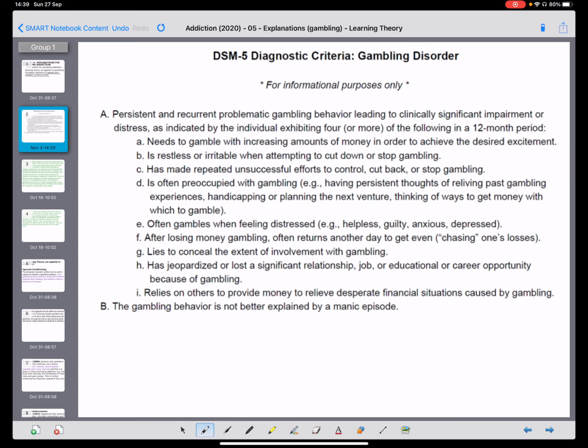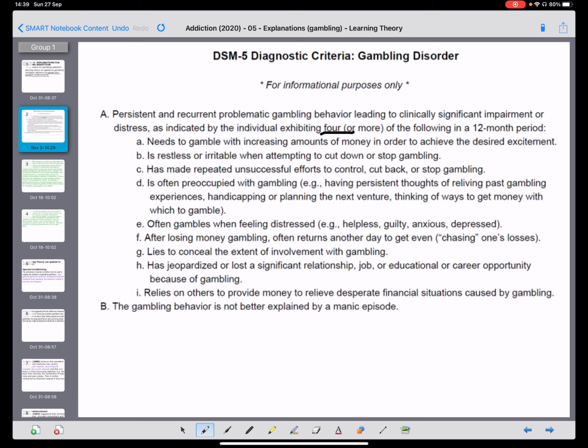And here we have a copy of the DSM-5 criteria for gambling disorder. This is a diagnosis that requires you to have four or more, it says here, of the following over a 12-month period.